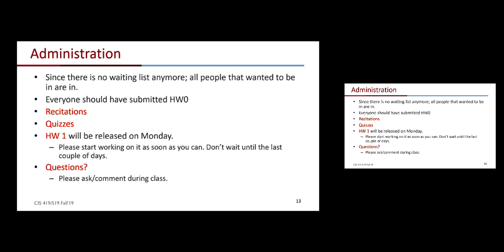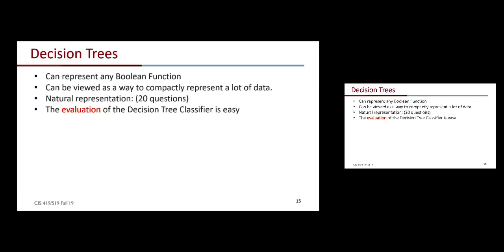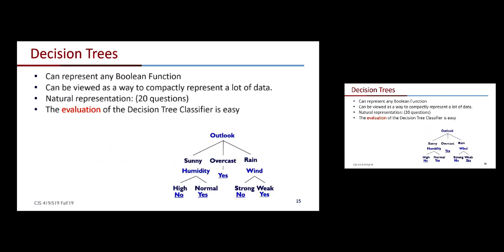No questions. Okay. So we are talking about decision trees, which is a different algorithm than most of the algorithms we're going to talk about in class. We discussed what decision trees are last time. It's really a very natural representation of data.